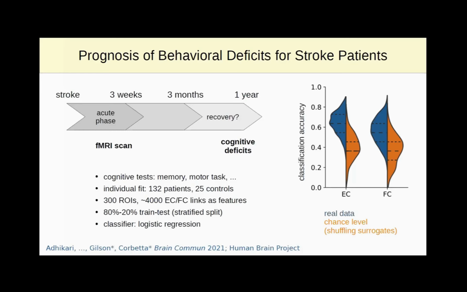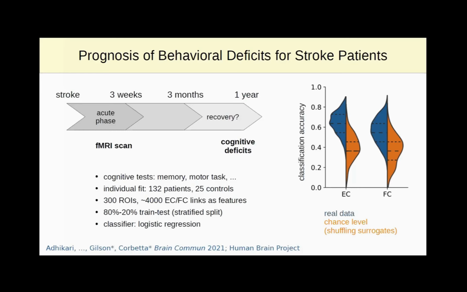So that means that we can use information about 1 year before to some extent predict how the patient is going to recover in terms of cognitive deficits. That was a good result because it was one of the first of its kind with prognosis from MRI.